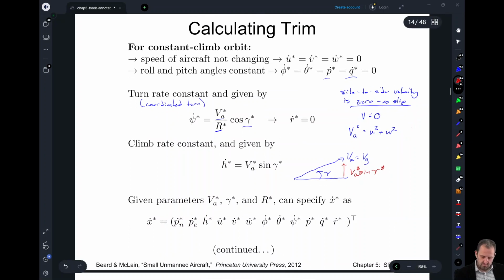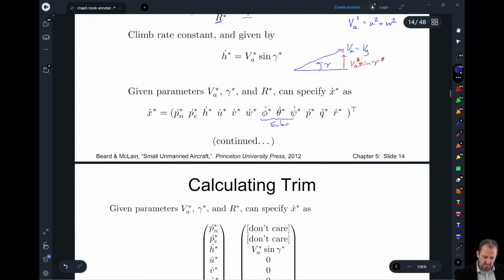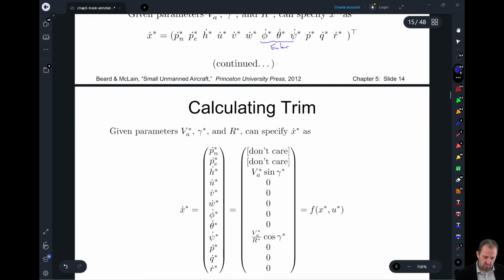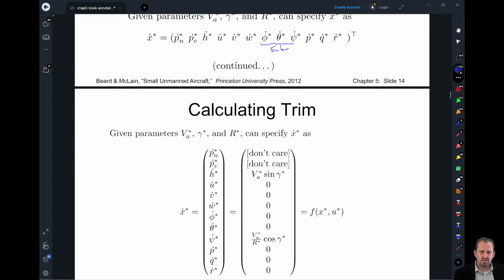So then we can define what we want as our nominal time derivative for all these states. And again, we're going to be using our Euler coordinates. Okay, so if we start to look at this, we have our velocity in the north direction. We really don't care about that, right?